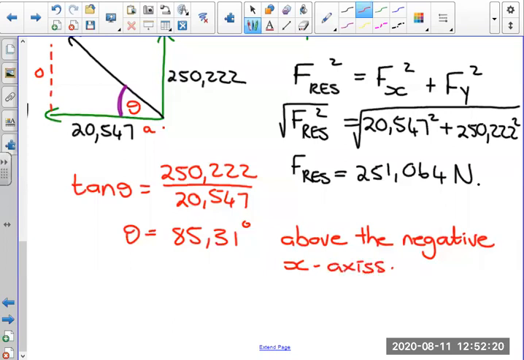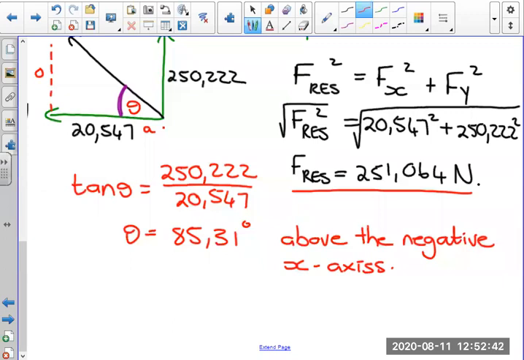This is what you're going to say. So your final answer is: F resultant is 251,064 newtons in the direction 85,31 degrees above the negative x-axis.